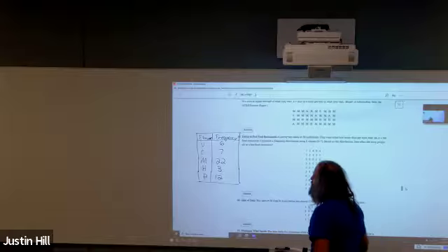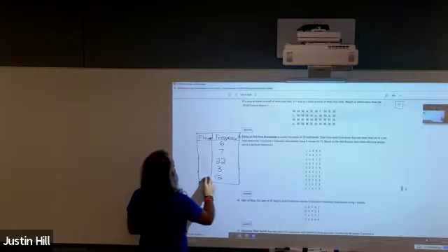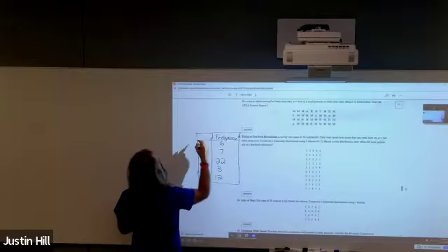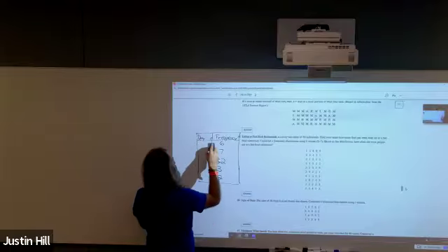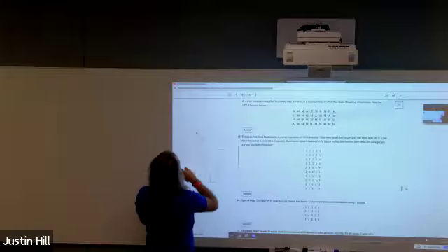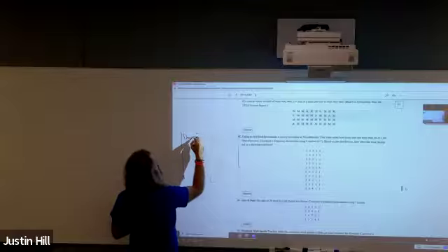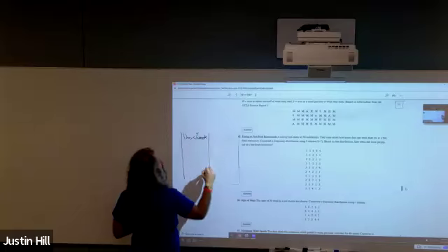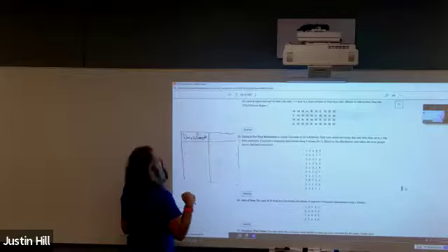So for this problem, 15, that was 13. I'm going to change this column. I didn't want to erase the whole thing, but that still works. This column is now days per week, or number of days, that somebody is eating fast food.